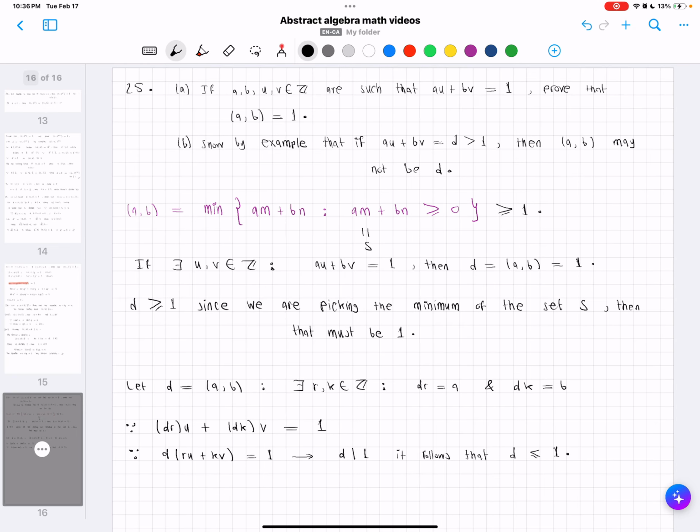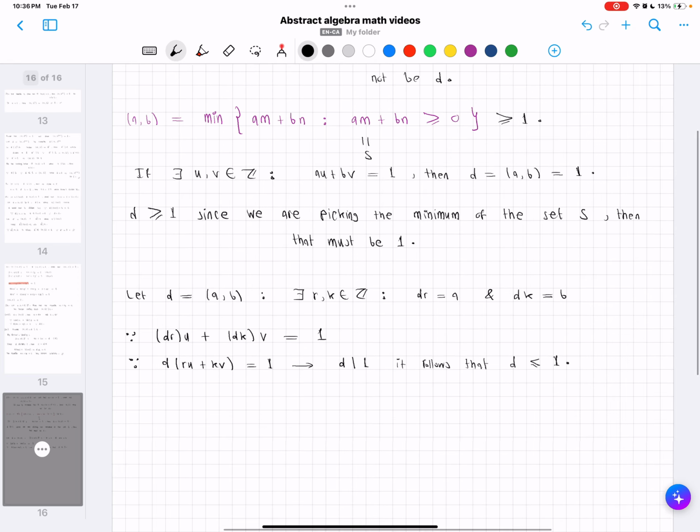Then you can write 6 as just 2 plus 4, but 6 is not the GCD between A and B. You see here that the GCD between 2 and 4 is 2, which divides 4.